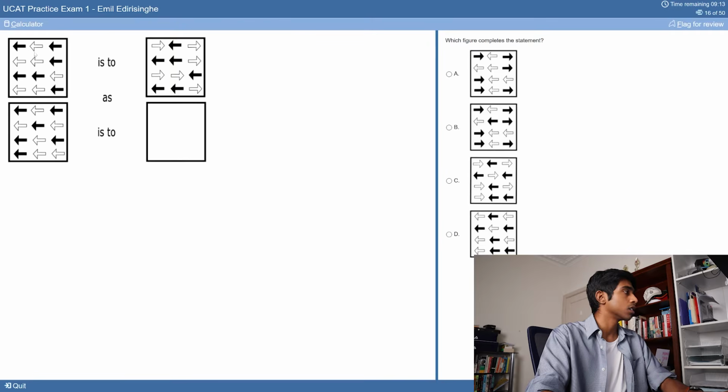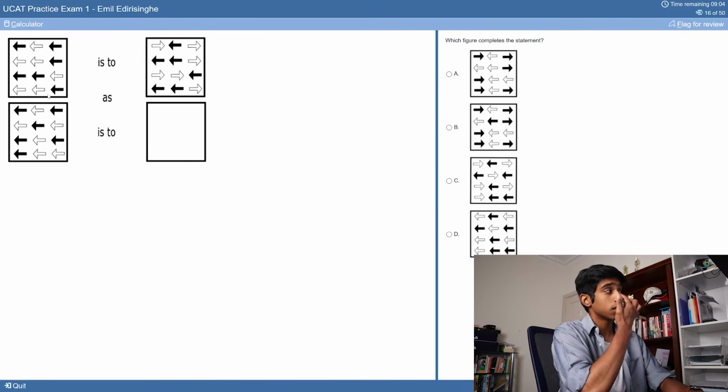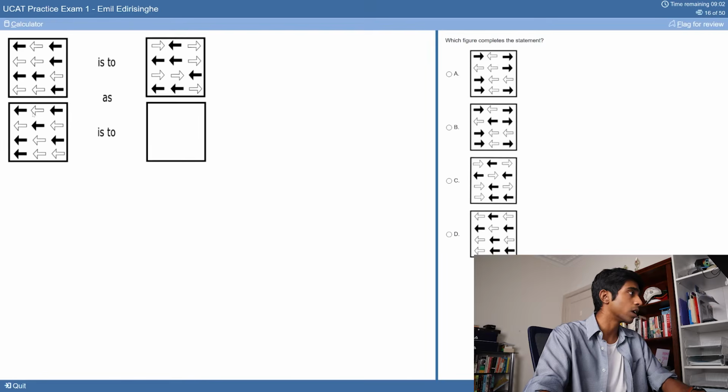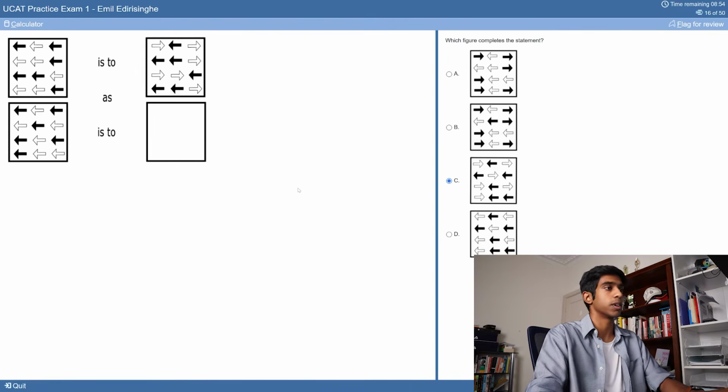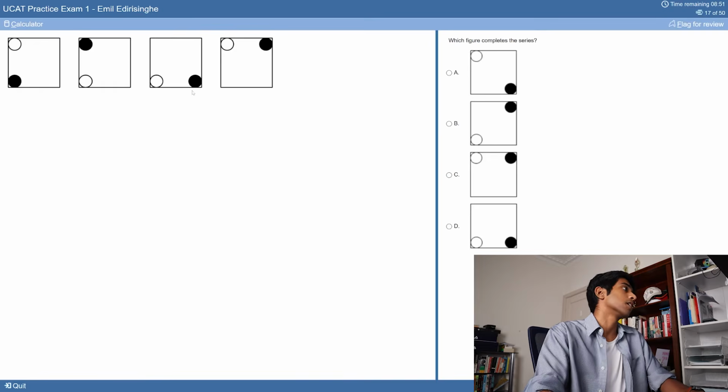Okay, these ones, the white arrows pointing left all turn black, and the black arrows change color and turn the opposite way. So white arrows all turn black. So it has to be C or D, and then the arrows need to turn the opposite way. So C. Okay, let's follow.